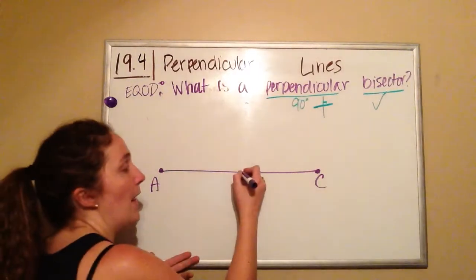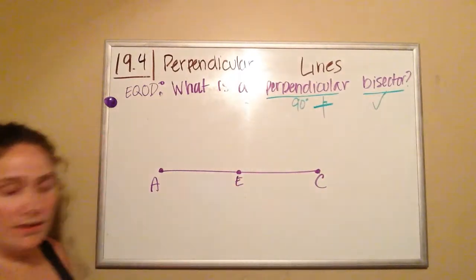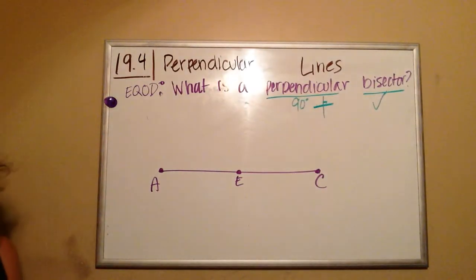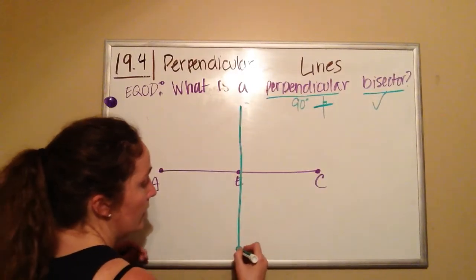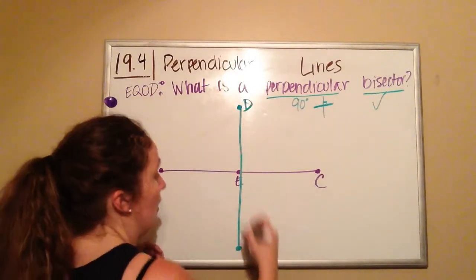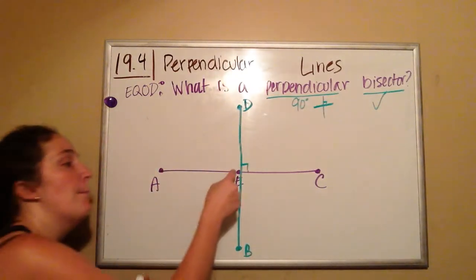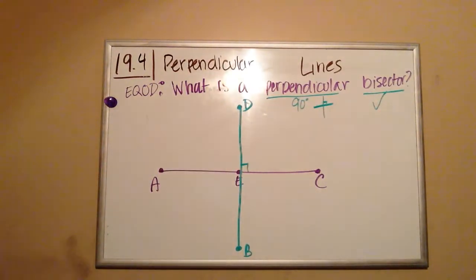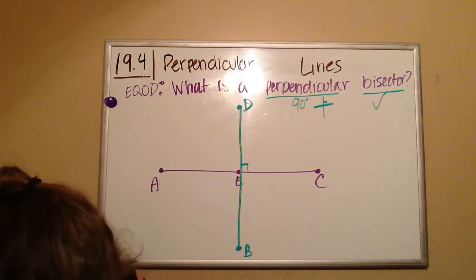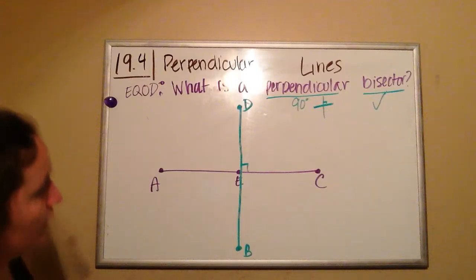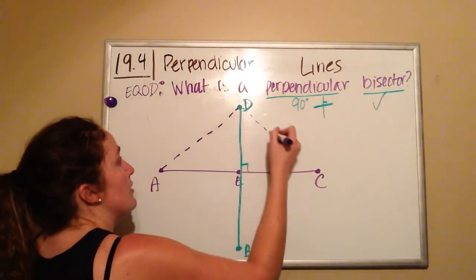We're going to use a bisector, which is going to be called E. And then we're drawing a line segment through D and B. This is a perpendicular bisector because it is perpendicular and crosses through the bisector. One of the questions is, we could draw these lines in, or we can imagine them.